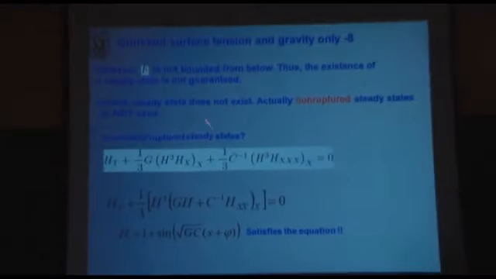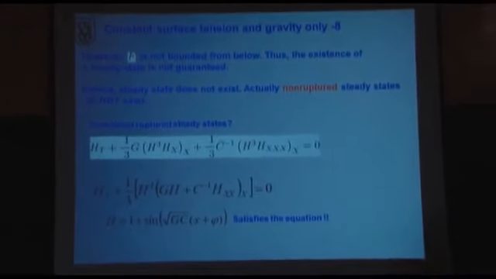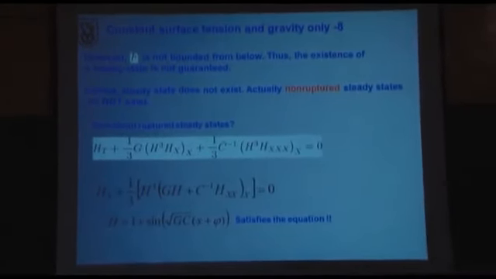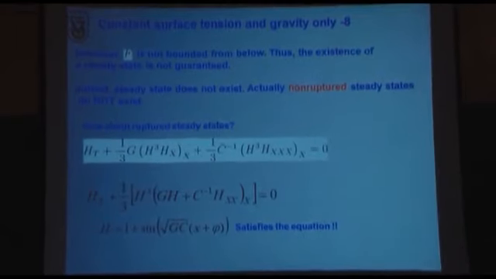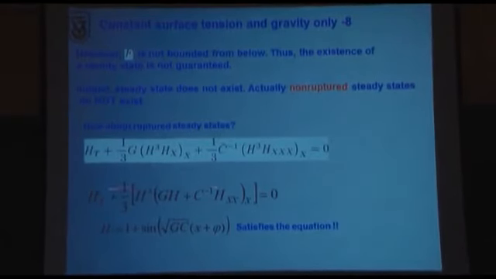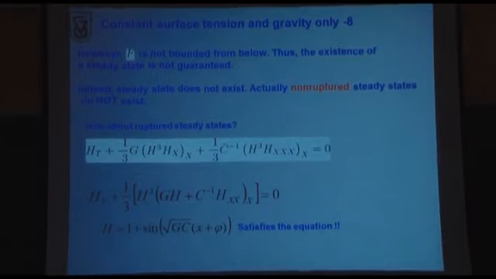How about ruptured steady states? Well, here is last night. I wrote this. Look at this equation. That's our equation, right? Let's write it in this form. It's exactly the same. Now look at this term. If you bring it to 0, then the whole thing is 0, right?